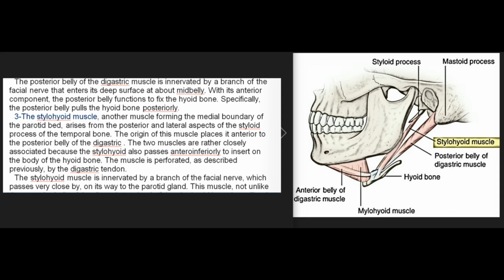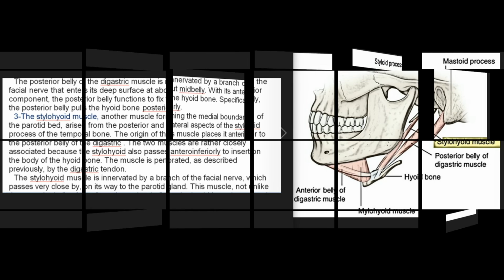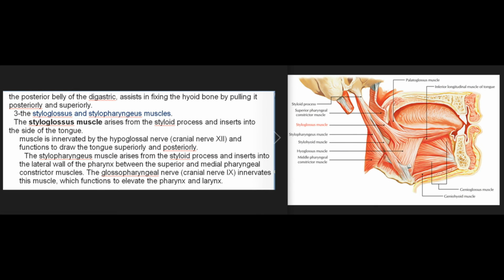The muscle is perforated, as described previously, by the digastric tendon. The stylohyoid muscle is innervated by a branch of the facial nerve, which passes very close by, on its way to the parotid gland. This muscle, not unlike the posterior belly of the digastric, assists in fixing the hyoid bone by pulling it posteriorly and superiorly.